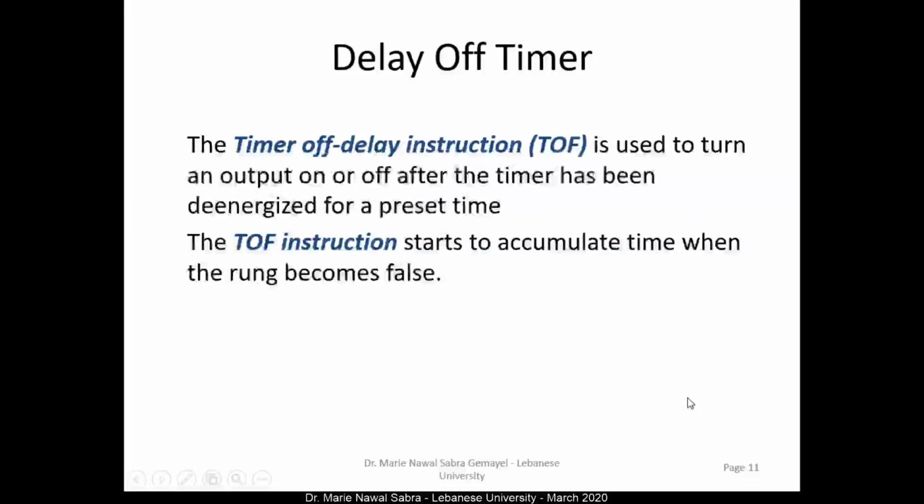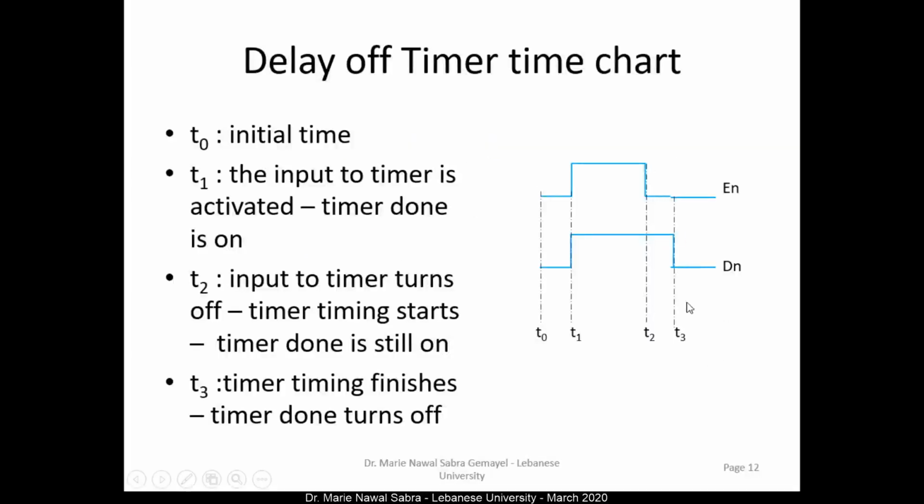Delay off timer, or I'd rather call it delay to become off, is a timer that turns on with the enable and only turns off after it counts the preset value after the enable has gone back off. So this is the time chart.